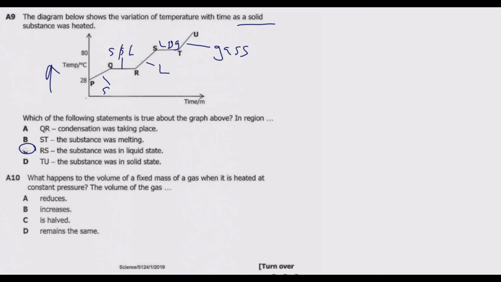So we are heating the gas at a constant pressure, so temperature is increasing. What is happening to the volume? Charles' law tells us that the higher the temperature, the volume should increase because they are directly proportional to each other. So B, it will increase, is the correct answer. All others are incorrect.